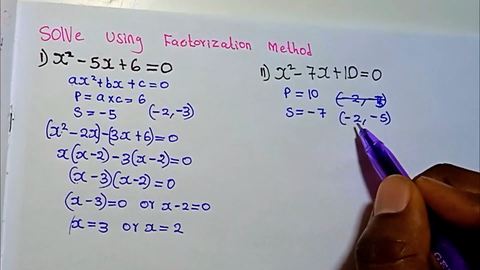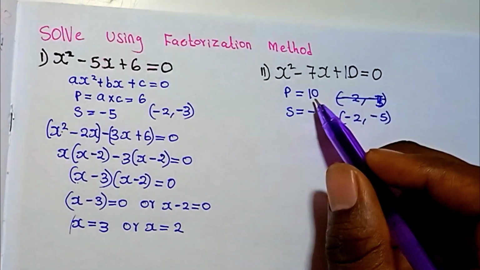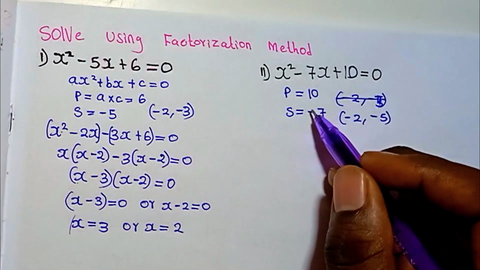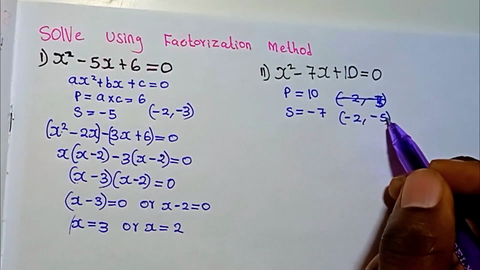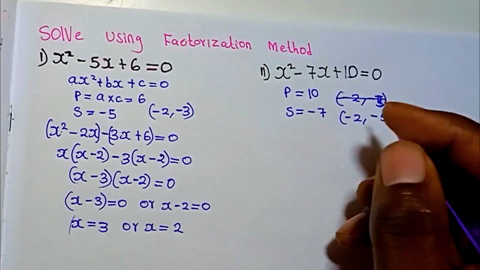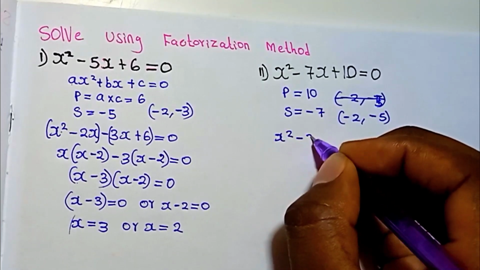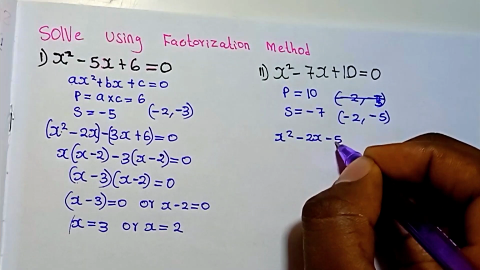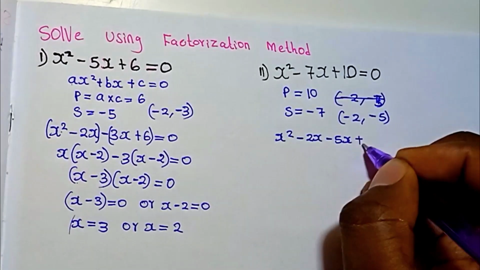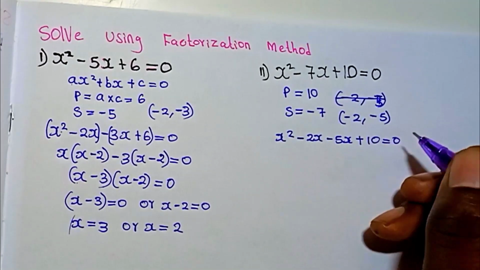So when we multiply these two numbers, we're going to have 10, and when we add them, we're going to have -7. Yes. So we write this equation as x squared minus 2x minus 5x plus 10 is equal to 0.